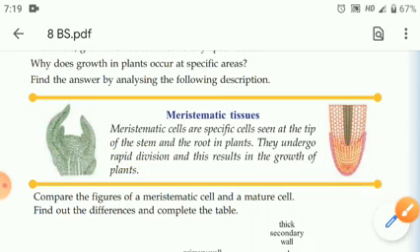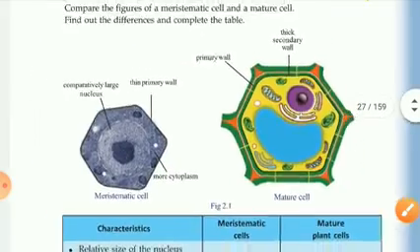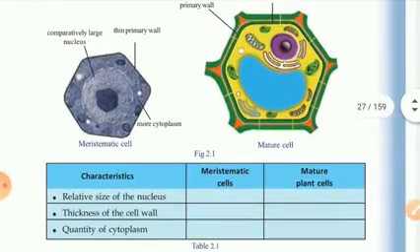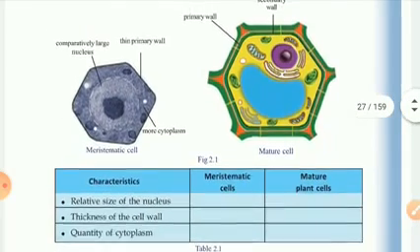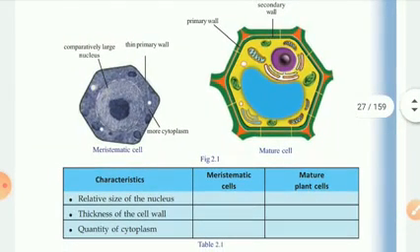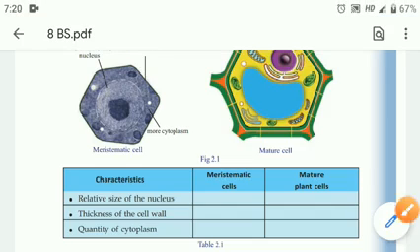Then next is the comparison between meristematic cells and mature cells. After rapid division, the meristematic cells change into mature cells like parenchyma, collenchyma, sclerenchyma, xylem, and phloem. But now, which are the characteristics given in that table?